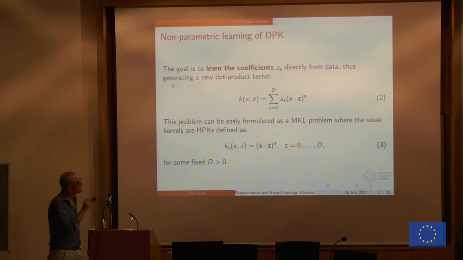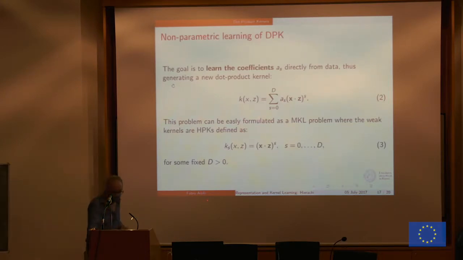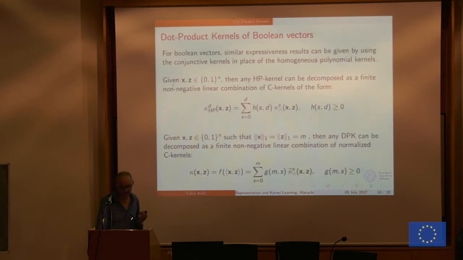So why not learn these coefficients using multiple kernel learning? We can build any possible dot product kernel, learning from data. We are trying to learn the representation in the space of dot product kernels using data. This is the idea.